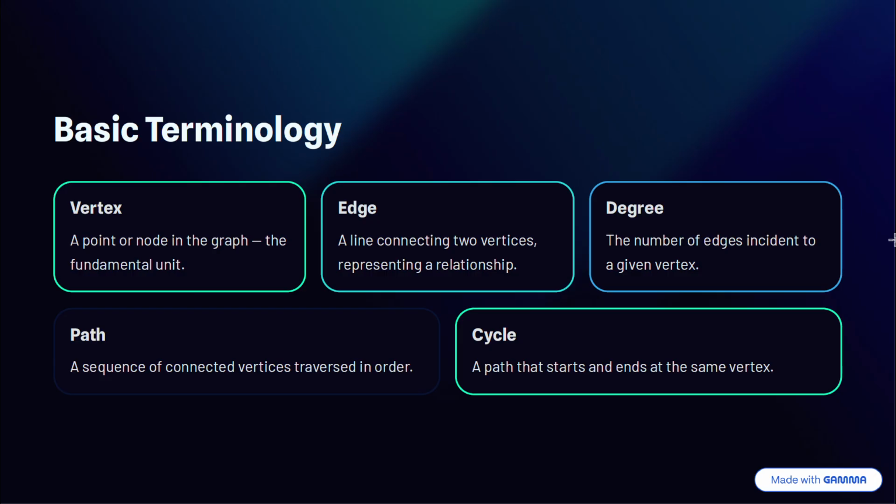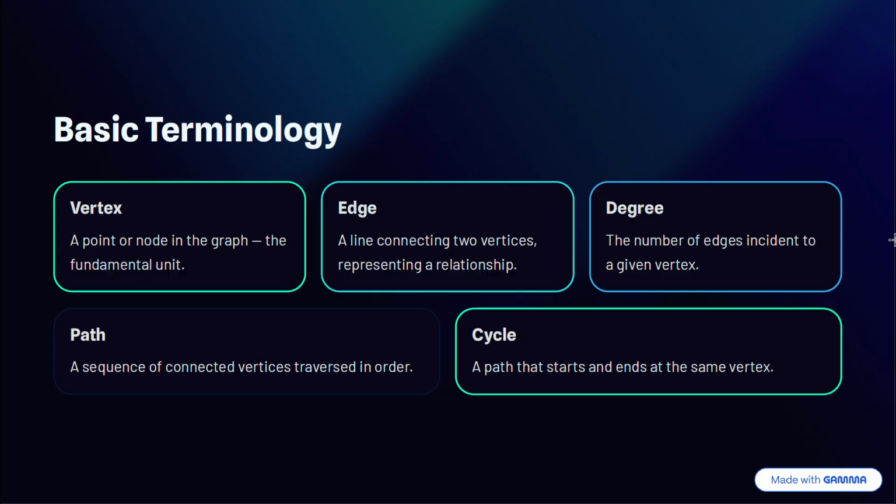Before we study graph theory, we should know some basic terminologies. First one is vertex, a point or node in the graph, that is the fundamental unit. Second is edge, a line connecting two vertices representing a relationship.